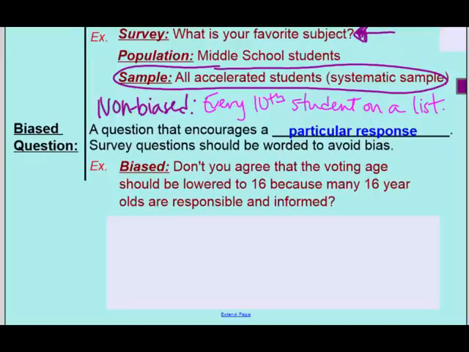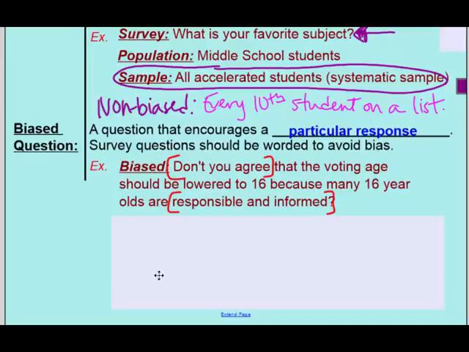By asking it this way, first of all with the phrase, don't you agree, and then adding on the whole, because many 16-year-olds are responsible and informed, you're kind of getting your person to answer the question. You're trying to get them to agree with you, lean towards 16 being old enough or the age should be lowered. It's not very neutral sounding.